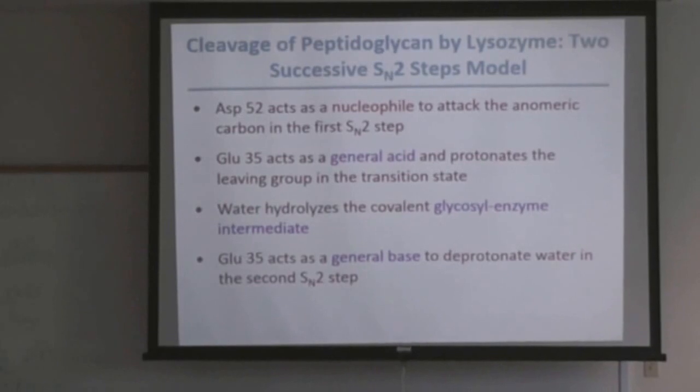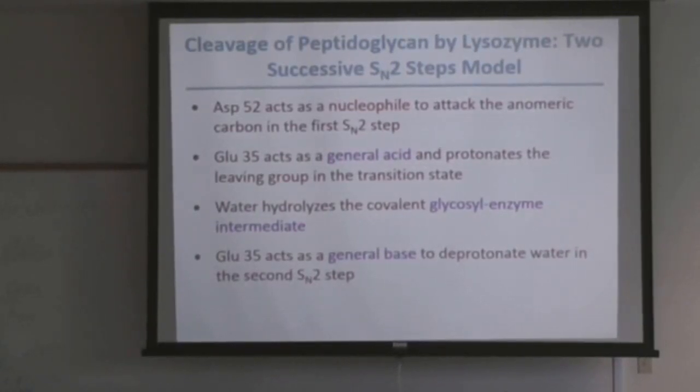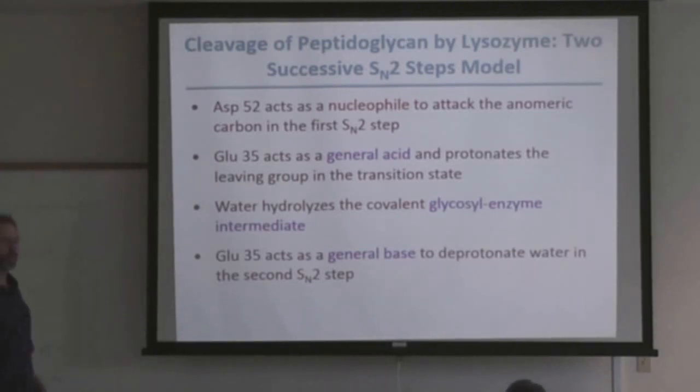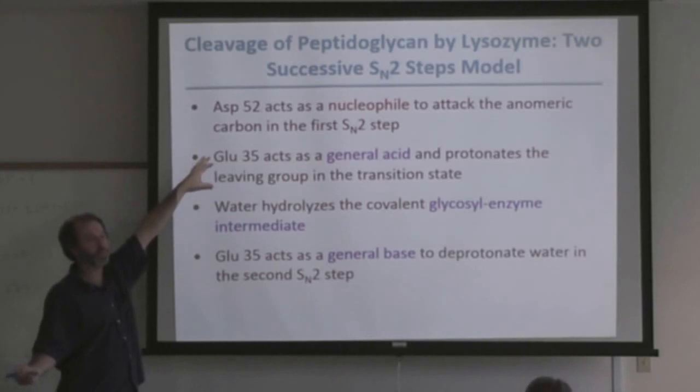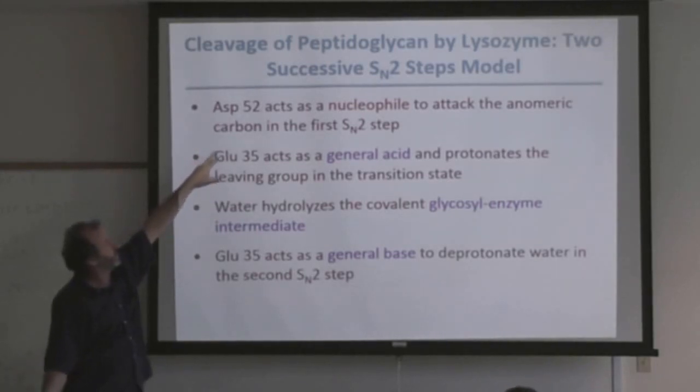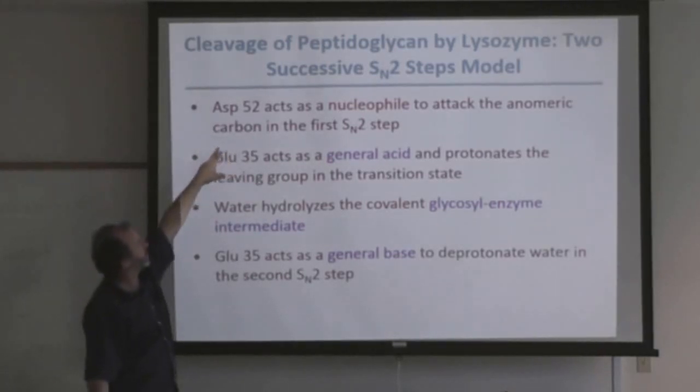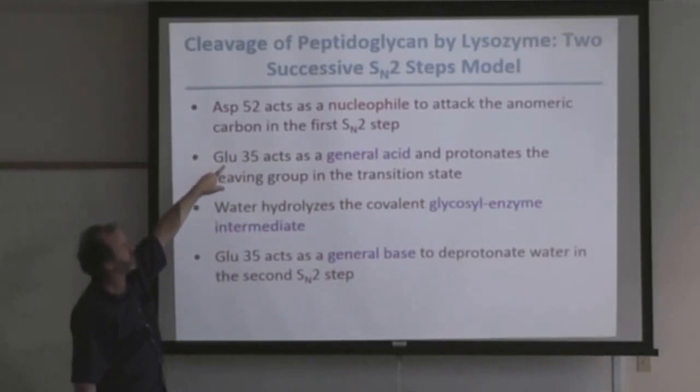So aspartate 52 then acts as the nucleophile to attack the anomeric carbon. You guys don't know what an anomeric carbon is yet, because we haven't done the sugar chapter, so we'll talk about that later. The anomeric carbon is the carbon that forms glycosidic bonds. So it acts as a nucleophile to attack the anomeric carbon in the first SN2 step.